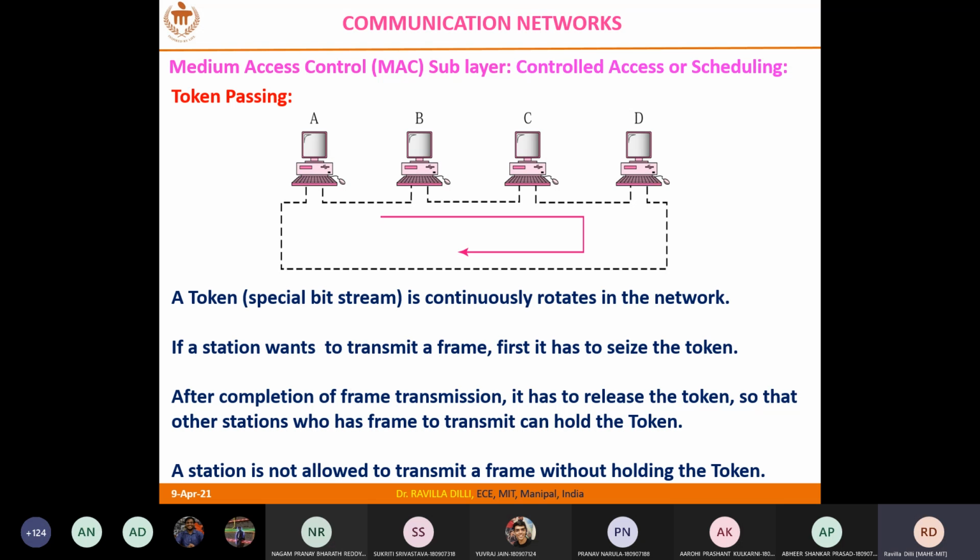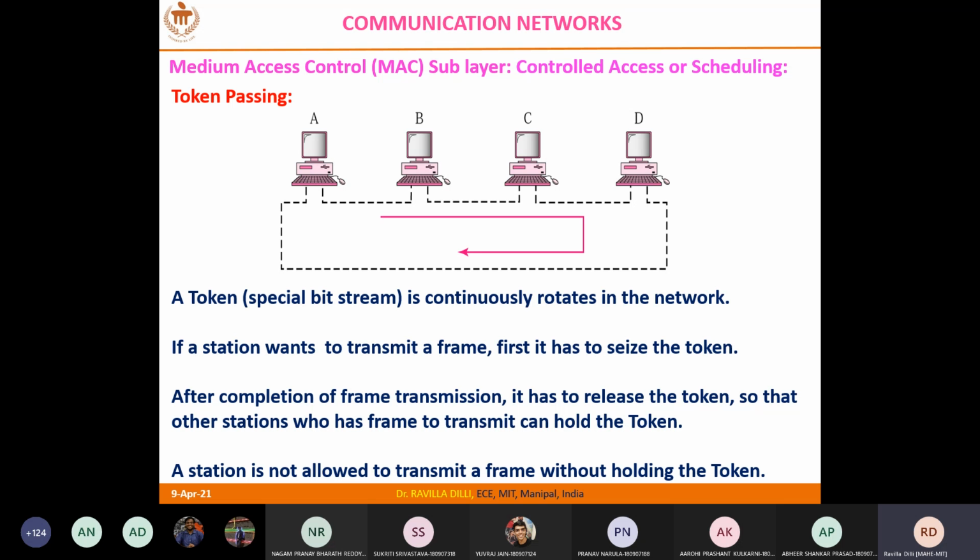That data frame will visit all the stations, and one of them will be the receiver. The receiver receives the frame, and the same frame comes back to the sender, because it is a ring topology.